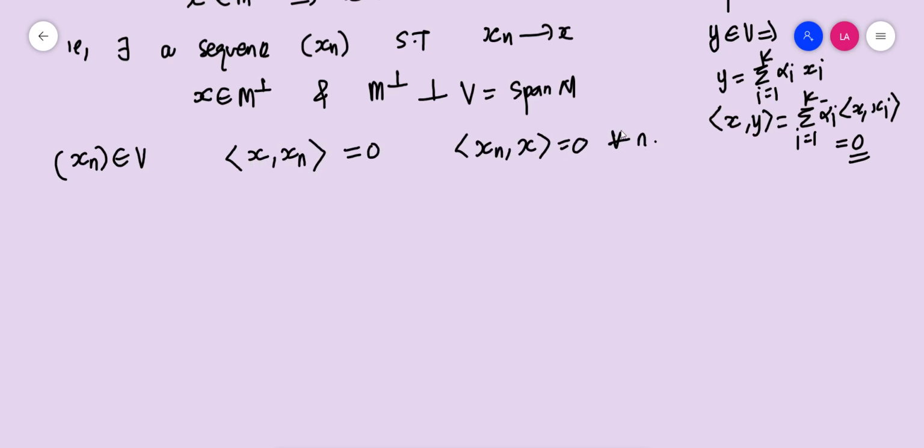Now, since this is 0, the limit as n tends to infinity of the inner product <Xn, x> should always be 0.